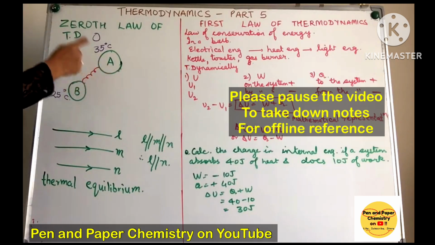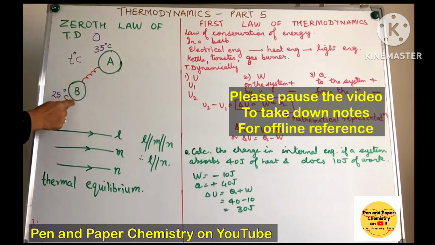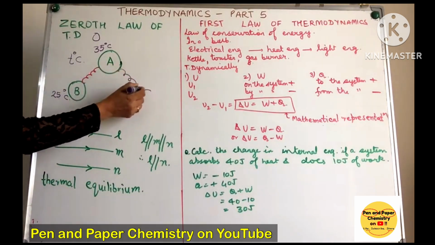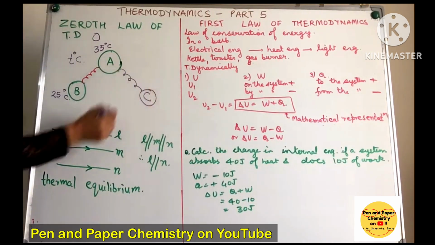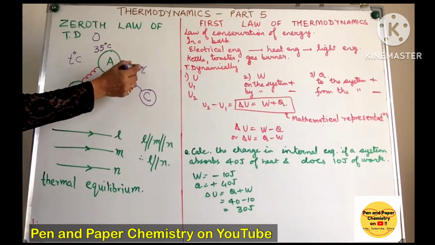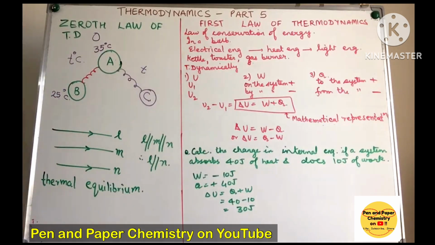Heat has flowed from body A to body B and vice versa till they reach a temperature where they are at the same temperature with each other. If similarly A is in thermal equilibrium with a body C, so that means A and C are also connected and they are at a temperature T. If B and C are also connected with each other, they will also be in thermal equilibrium with each other.